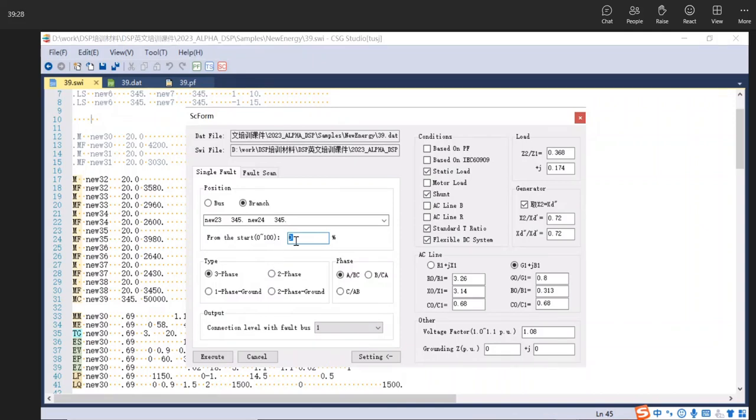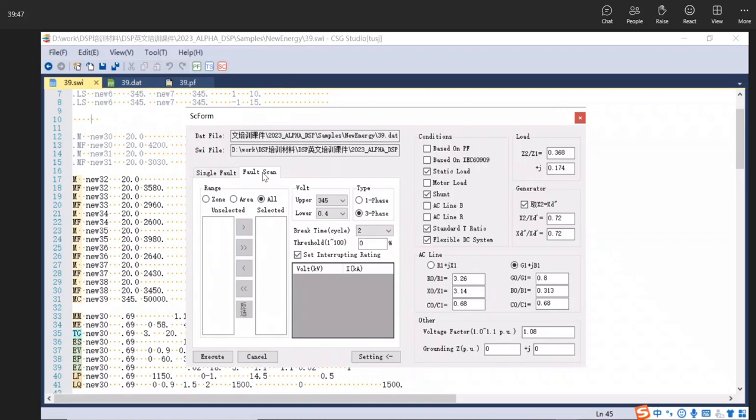You can set the fault in the middle of the line or the branch or the transformer branch. And there are 4 types of fault you can set, and you can set different phase. Okay. And the fault scan.